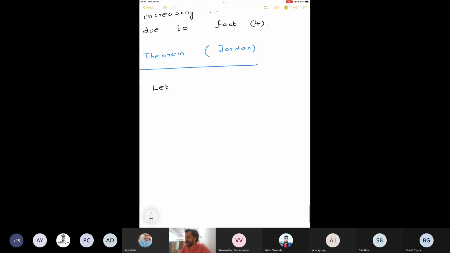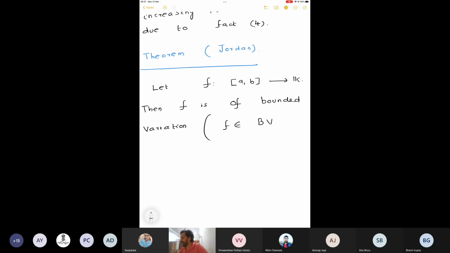Let f be a function from AB to K. I hope I have introduced the notation for the collection of all bounded variation functions, that is, f belongs to BV(AB).